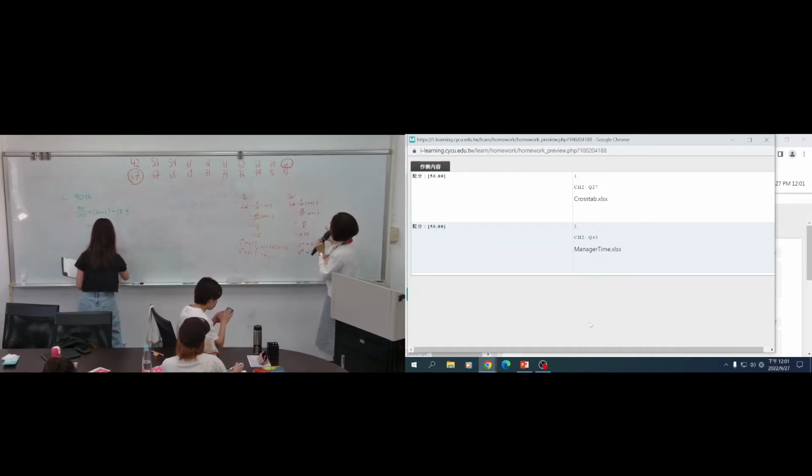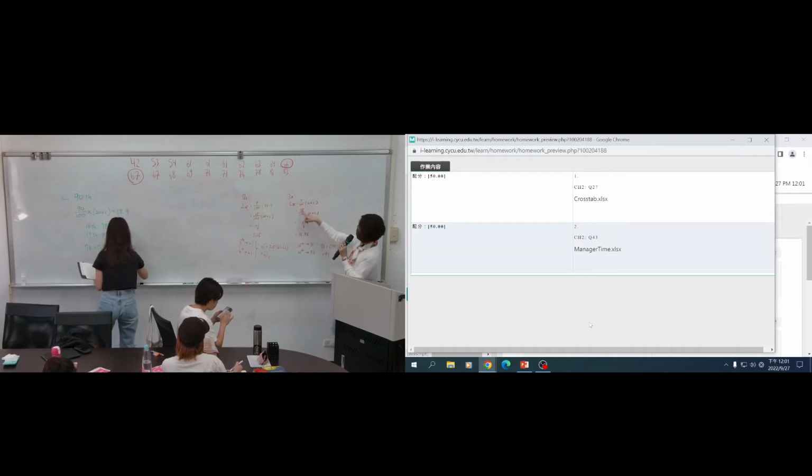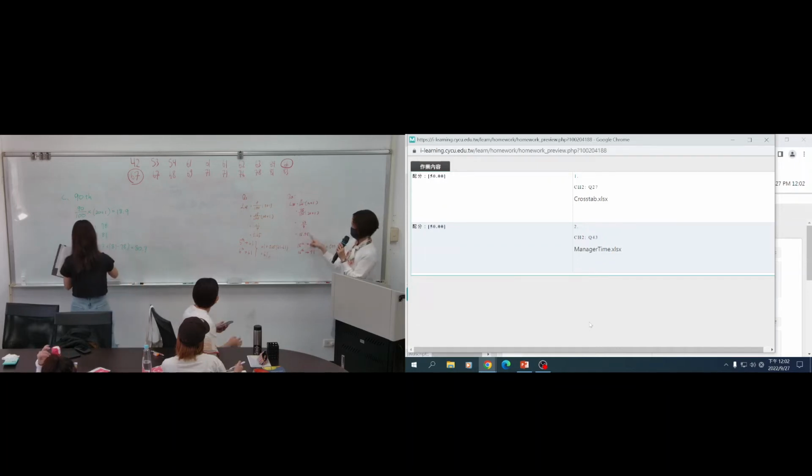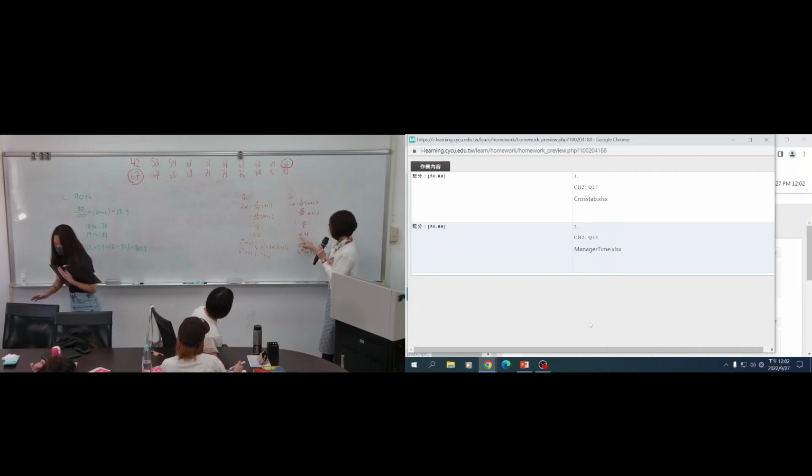Then the third quartile is the 75th percentile. We divide 75 by 100, multiply by 20 plus 1, which is 63 over 4, 15.75. So we find the 15th and the 16th.